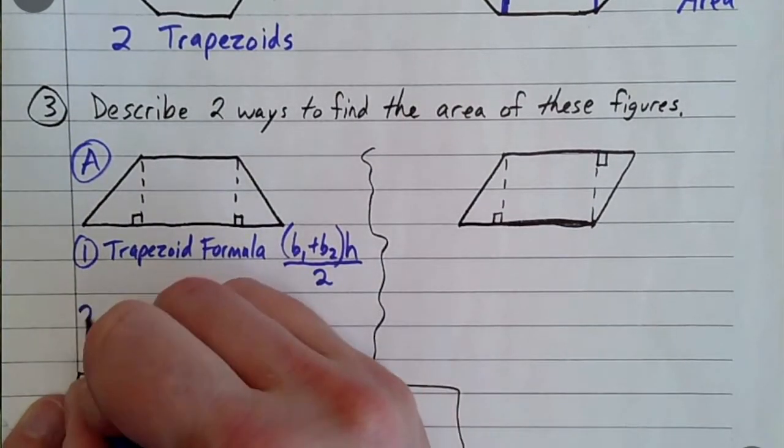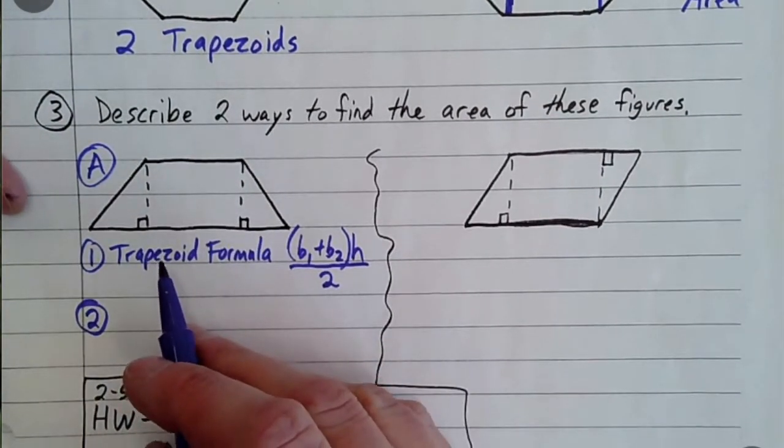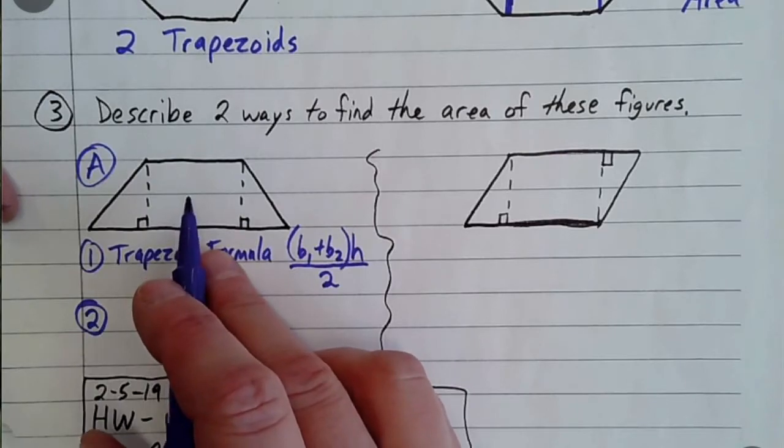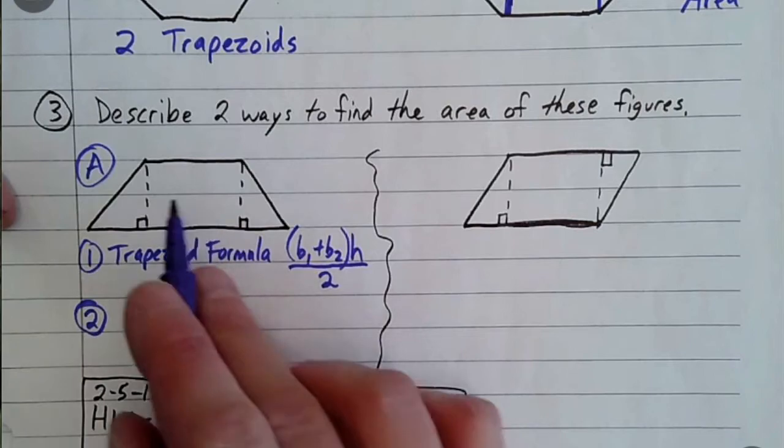The second way, you could break this down into, and you could divide it into two triangles and a rectangle, and you could find the sum of all of their areas. You could add each area together.